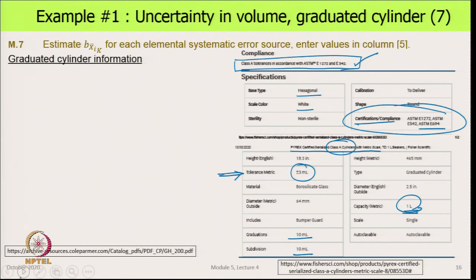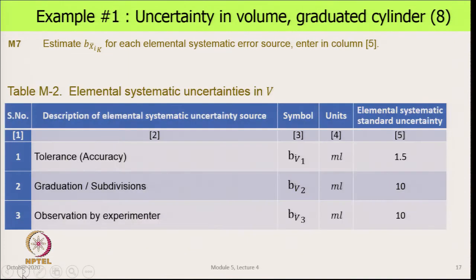So, like this, there is a lot of information on the web, and we have taken one of these. Here is the same information compiled in table M2 that we saw one slide earlier. Here are the systematic sources of error and their standard values, and we have just put the numbers that we got from those calculations.